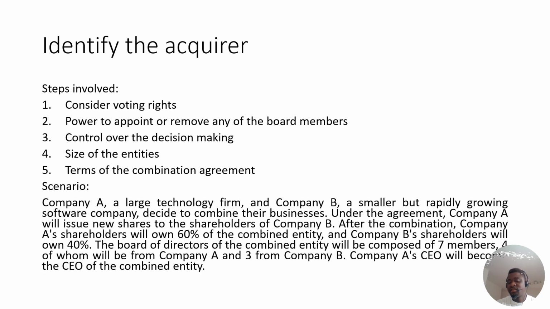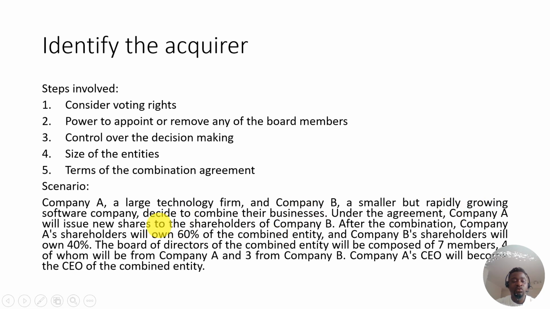So let's look at the scenario here. That scenario says company A, a large technology company, and company B, a smaller but rapidly growing software company, decide to combine their businesses. Under the agreement, company A will issue shares to the shareholders of company B. So look at this place very well before we move on.